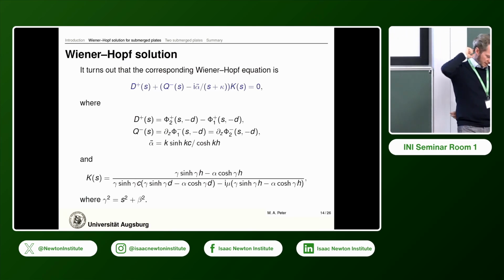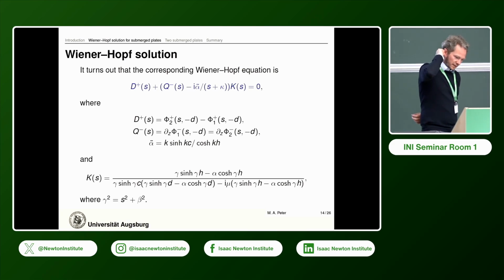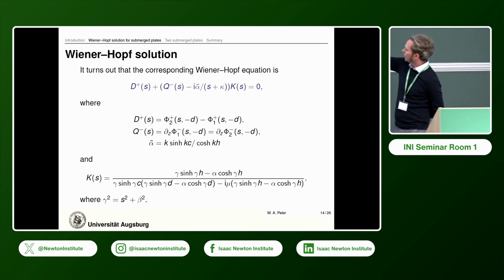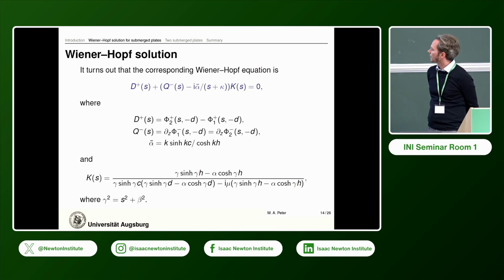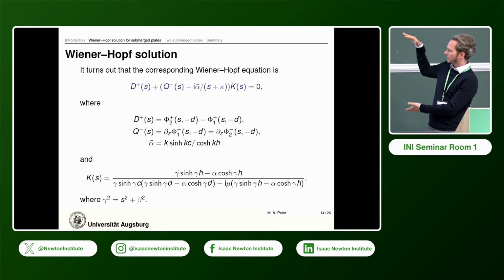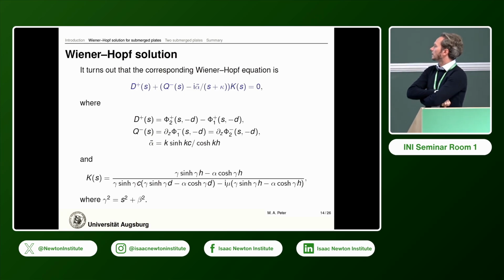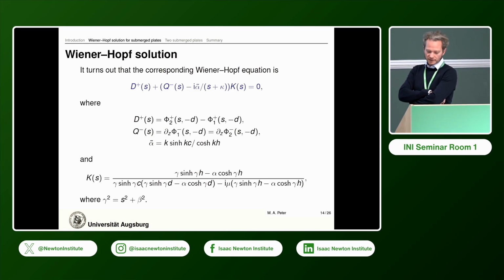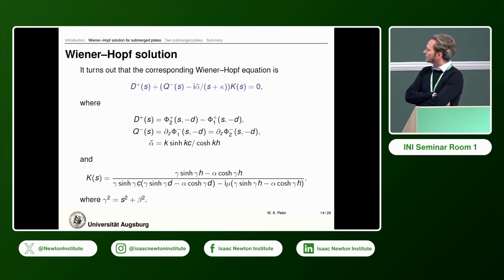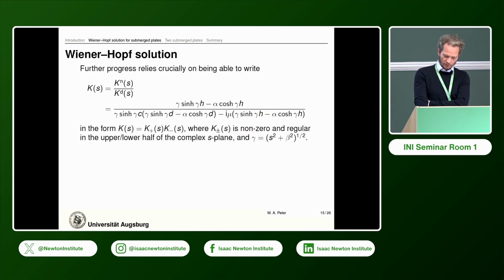Remember, the mu depends on frequency linearly, and it's multiplied again by the open water dispersion relation, so that basically doesn't see the plate part. Depending on how familiar you are with these problems, you might think, oh, I've seen this many times before. Basically, the kernel reflects these dispersion relations. That's really also part of the key to being able to do all of this in quite a unified framework.